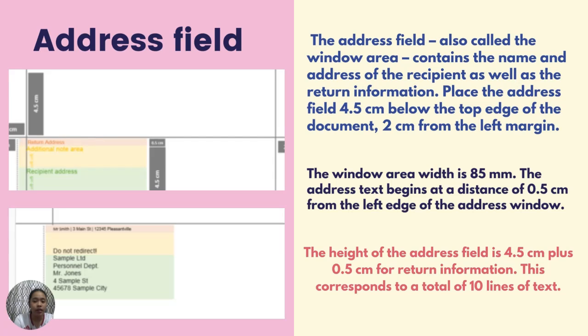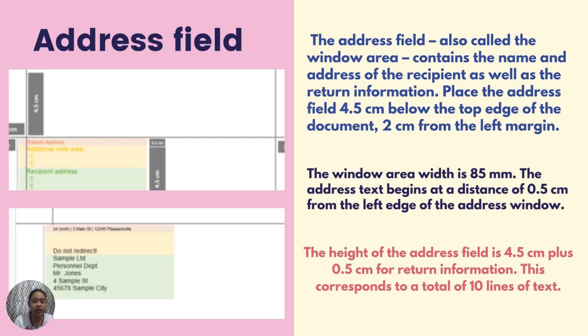So the return information is followed by a three-line additional and note zone with a total height of 12.7 centimeters, and then the remaining six lines of the address field are intended for the recipient's address. So we should design the address without blank lines.